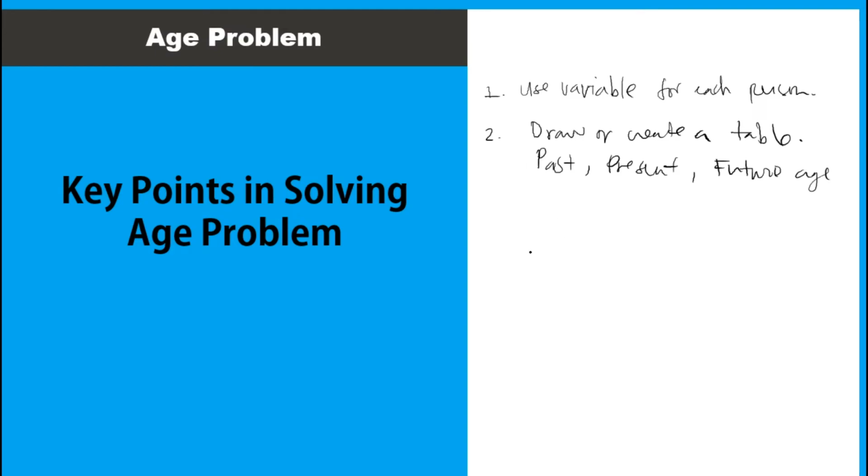So for example, you can say that this is your table. You can say this is the present. Let's say this is the past. So for example, we have 5 years ago.